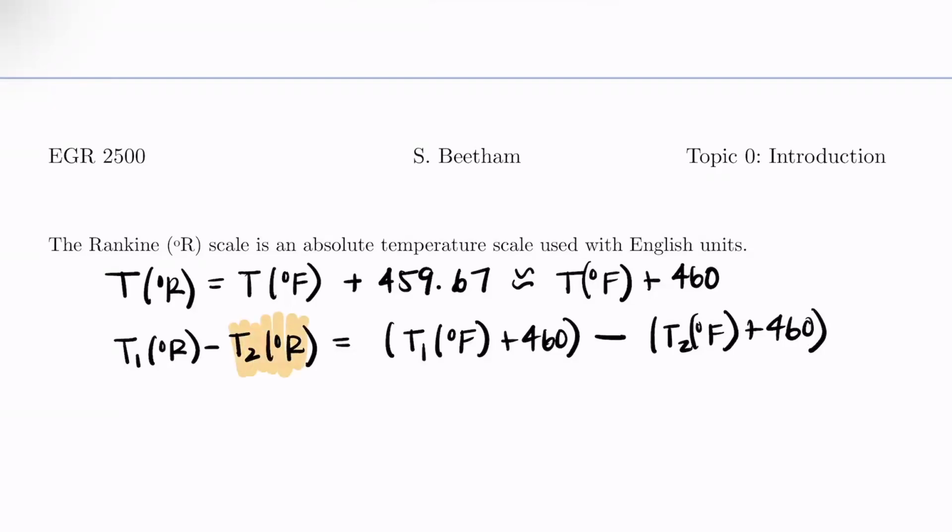So I've got my T2 restated like so, and then T1 also restated but equivalent. And we have the 460 minus 460, just like how we had the 273 minus 273. So if we do a temperature difference using Rankine and then a temperature difference using Fahrenheit, we'll get the same difference again. So delta T in degrees R is equal to delta T in degrees F.